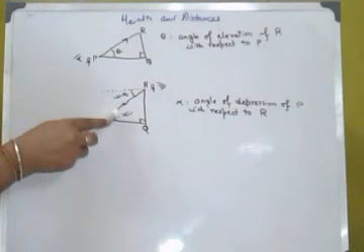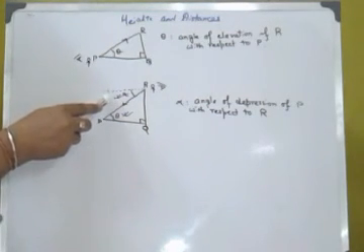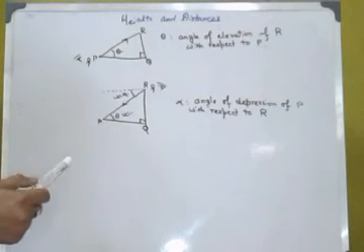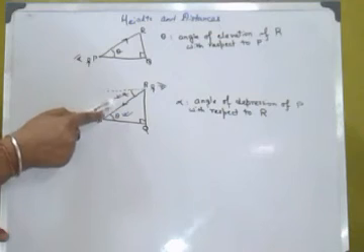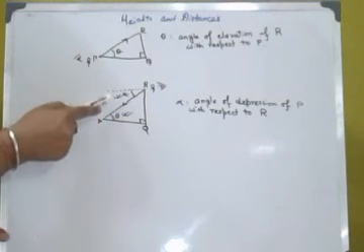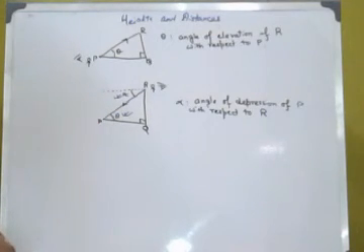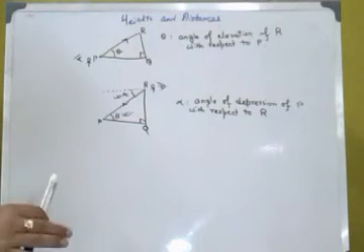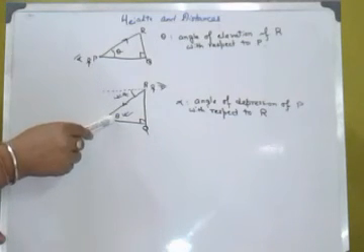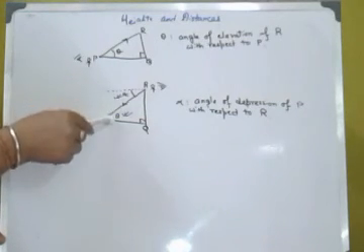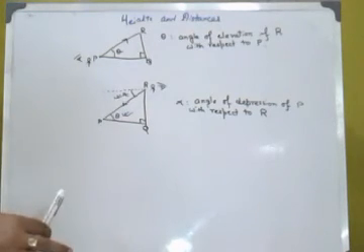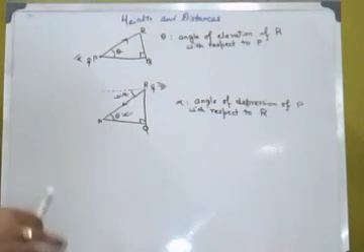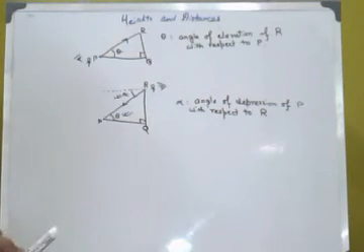Angle of elevation and angle of depression are equal because these two angles are alternate angles, but rather angle of depression and angle of elevation are equal numerically, but concept wise these are different.